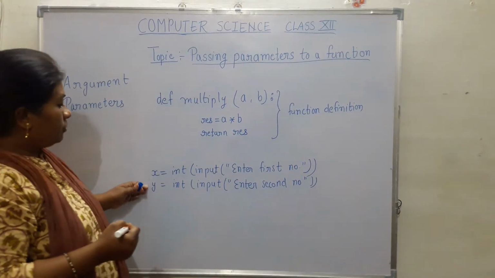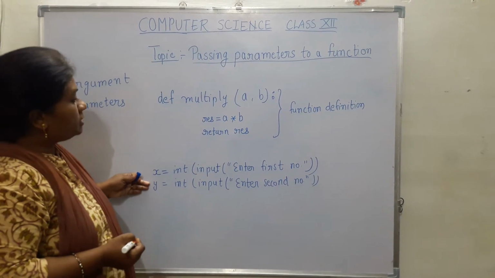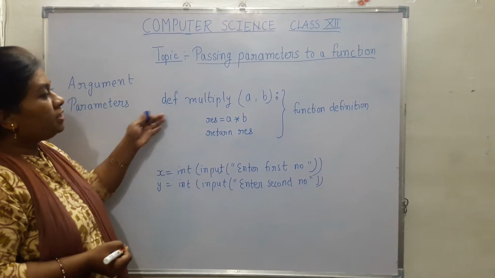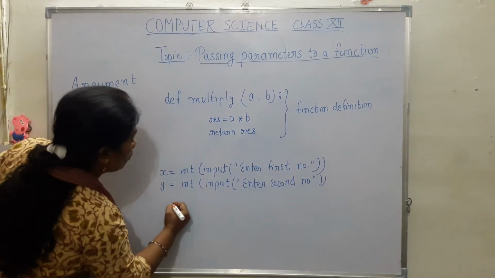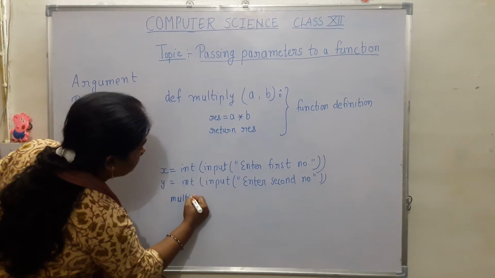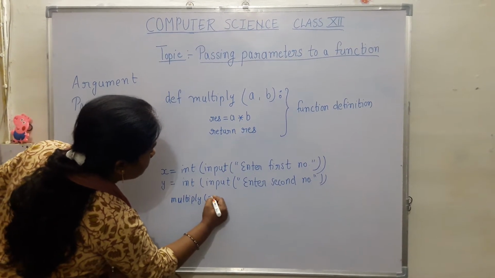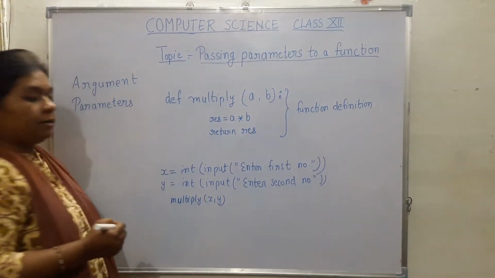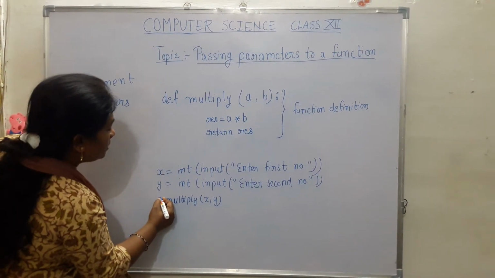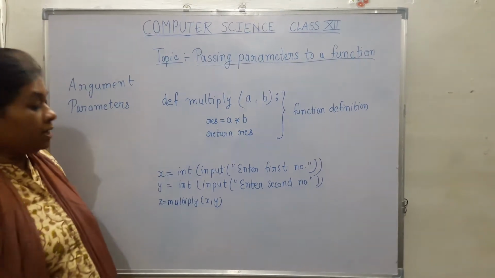Now we have to find the multiplication of these two numbers, so we will call our function multiply x comma y and store this result in another variable z.